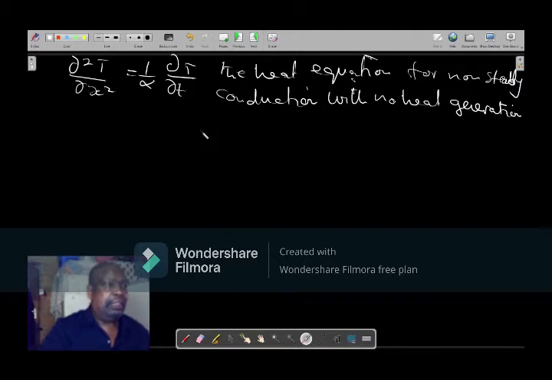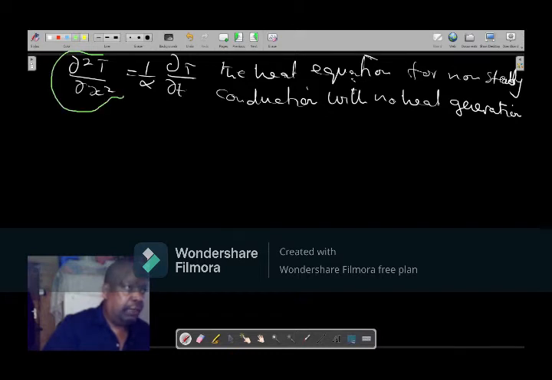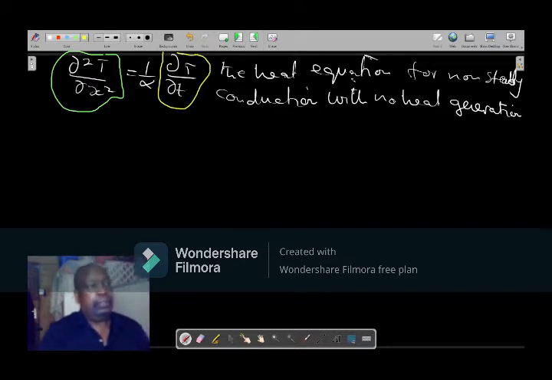Using this dummy variable, we can try and reduce this second order differential equation with two variables into a second order differential equation with one variable. So we'll have a look at that side of the equation first and deal with it, and come back later and deal with this side of the equation.